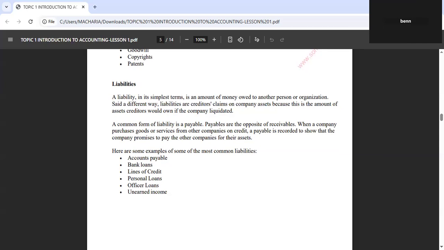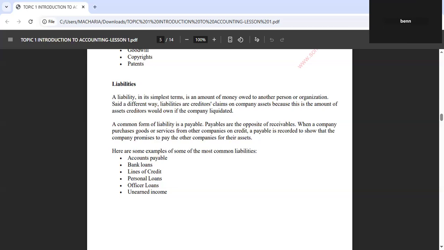Liabilities are what you have to pay. Saying it differently, if you have a loan to pay, that is a liability. If you have a debt to pay, that is a liability. Other expenses you have not paid, that becomes a liability.